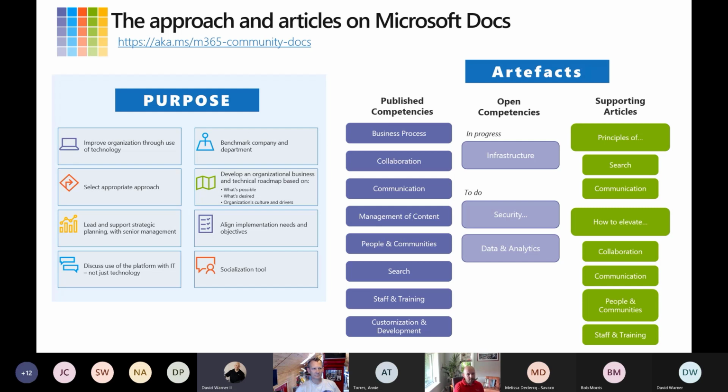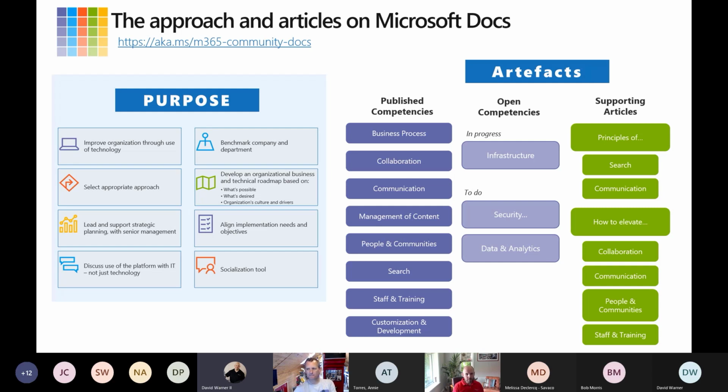It's not a technology-driven framework. It's designed to be business focused and use business language, allowing businesses, which generally have similar needs and wants, to understand how they can use the 365 platform to realize this.